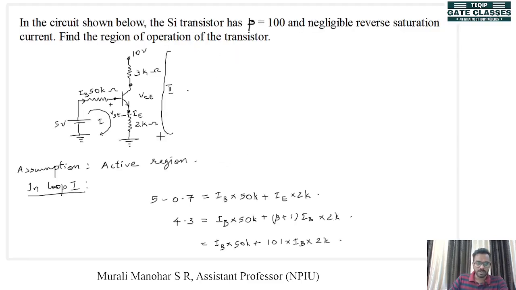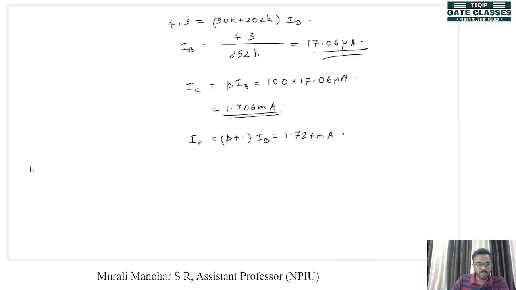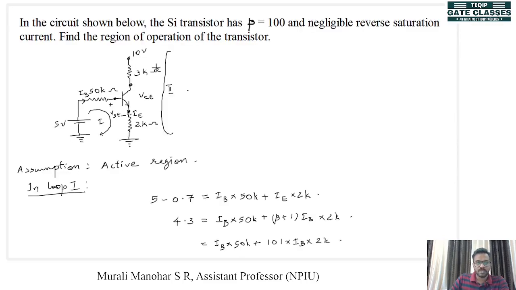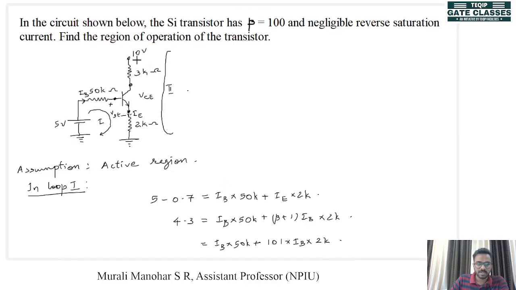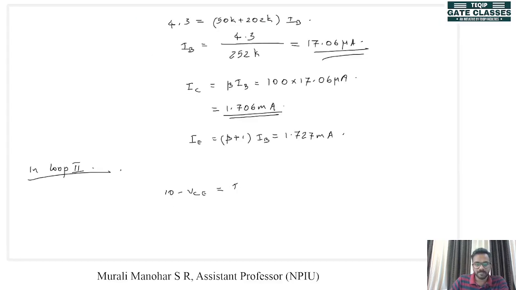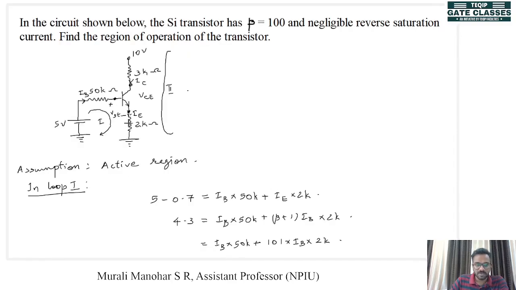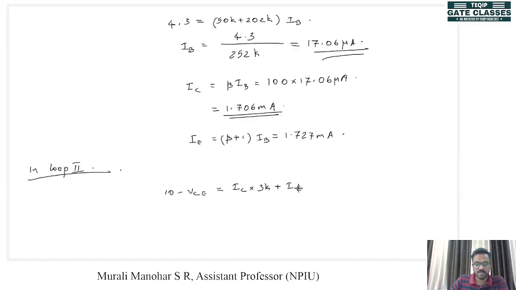Now we can look at the outer loop, the output loop. So in loop 2, there is 10 volt here, there is VCE here. So 10 minus VCE will be equal to the resistive drops, which is IC flows here, so IC into 3K plus IE flows here, so IE into 2K.